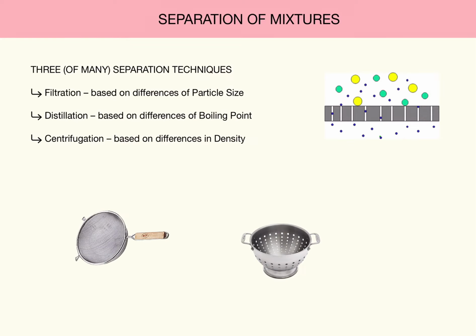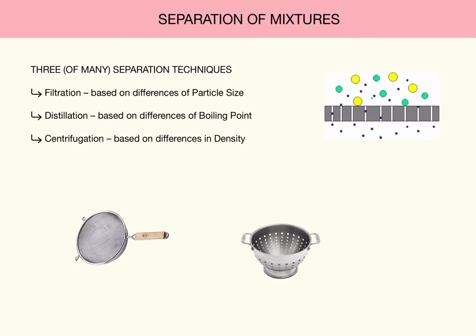First thing is filtration. This is based on the idea that you have some type of medium, such as filter paper, that has pore sizes, hole sizes if you will, of a particular size and relatively uniform.